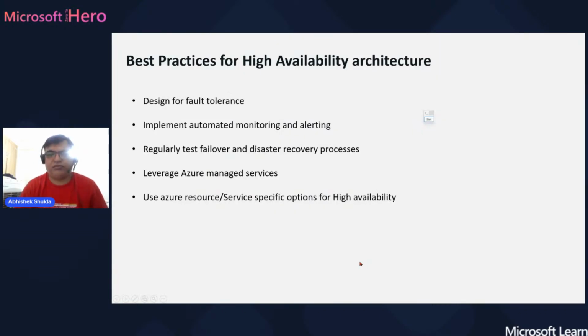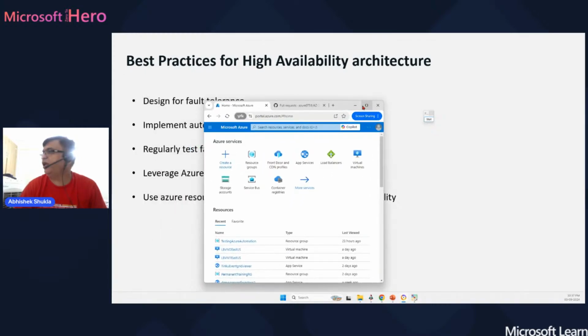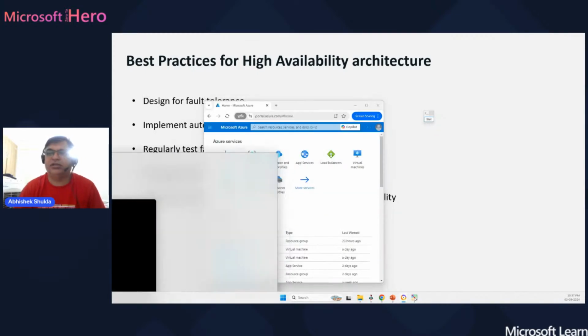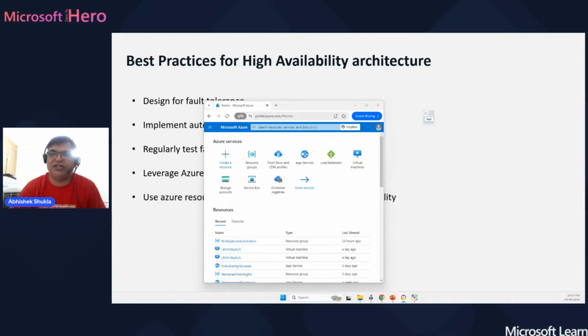So let us quickly go and try to see something on Microsoft Azure. What I am going to demonstrate is that we will create an Azure web application, and we will expose it by using Azure Traffic Manager.